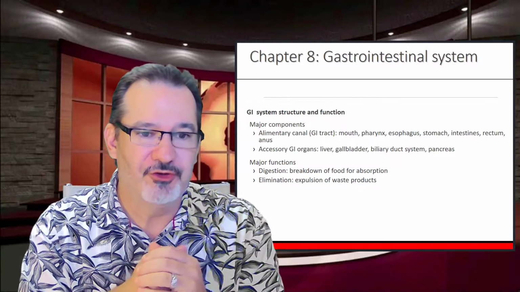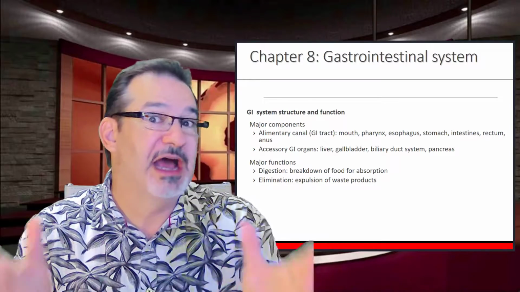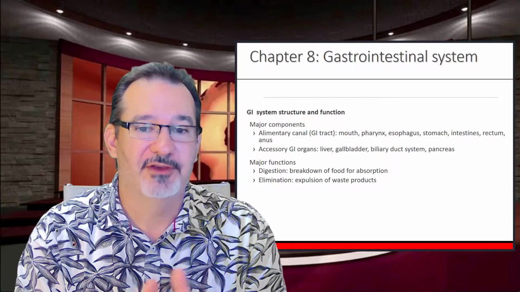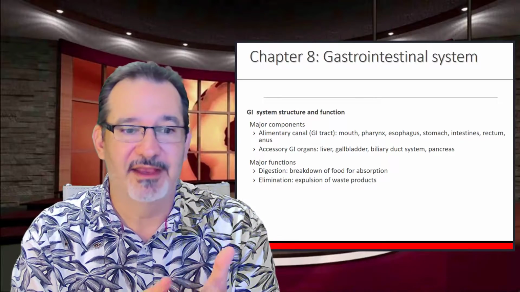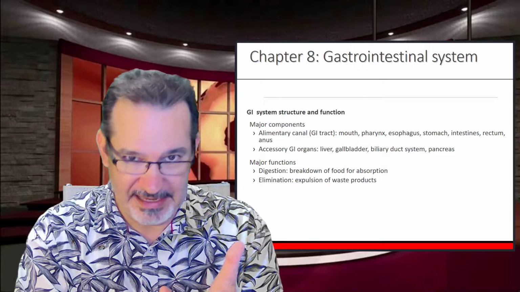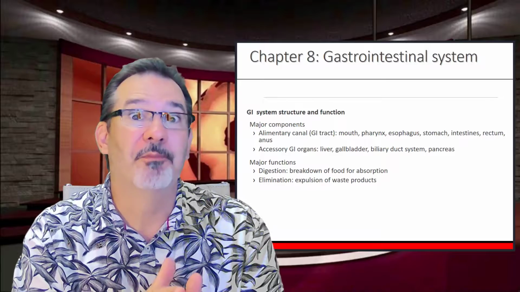Okay, so the major components of the alimentary tract, which is the GI tract, the gastrointestinal tract: mouth, pharynx, esophagus, stomach, intestines, rectum, anus. All right, so we're going to go all the way through all of these different components.